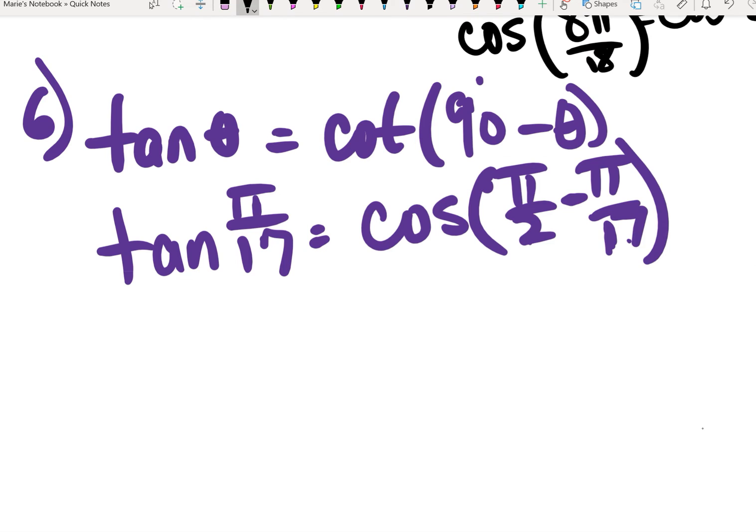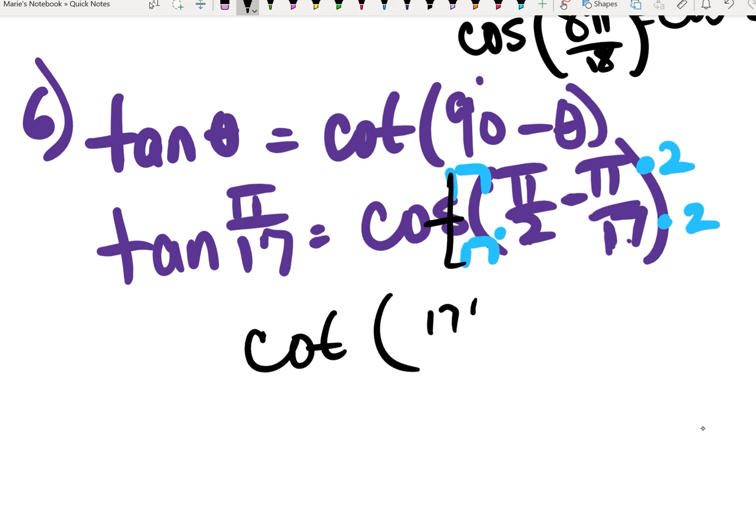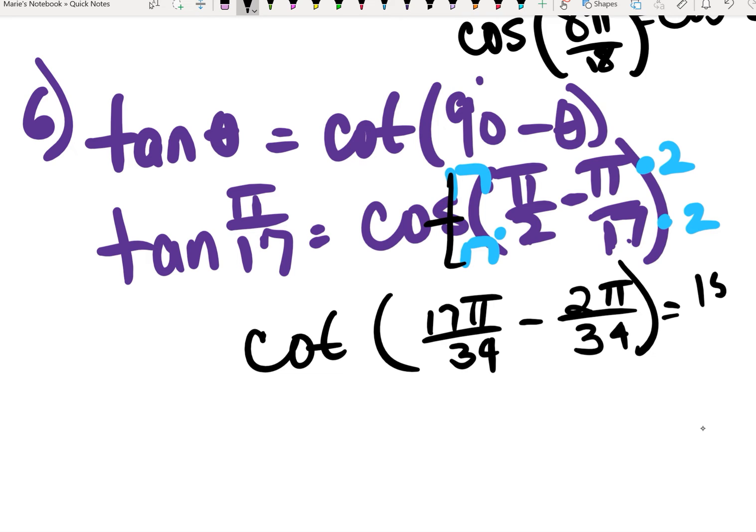So in essence, you're multiplying this side by 2, and you're multiplying this side by 17 top and bottom. I'm sorry, I wrote cosine, I meant cotan. So you get cotan of 17 pi over 34 minus 2 pi over 34, resulting in 15 pi over 34. Your answer choice for number 6 should be A.